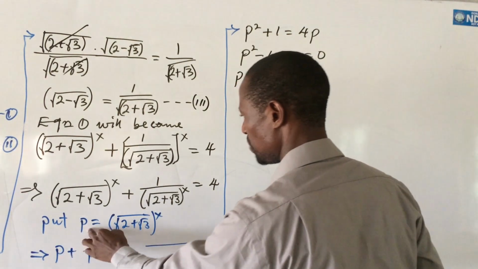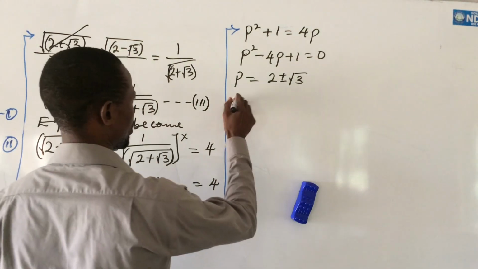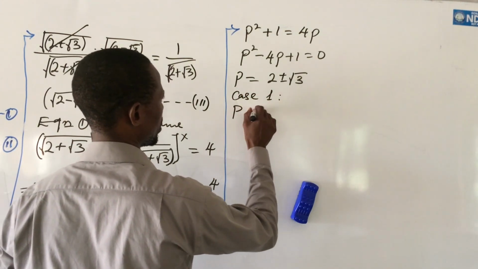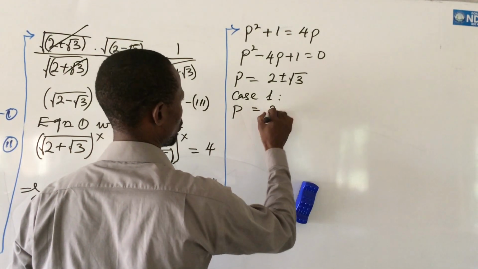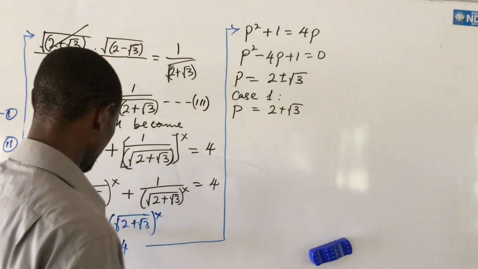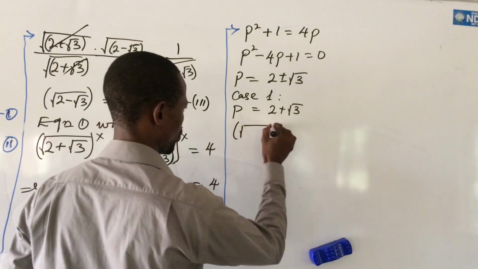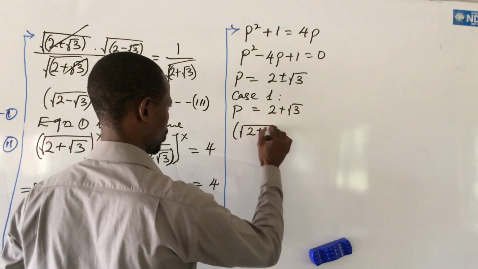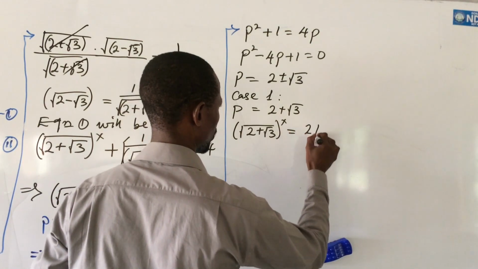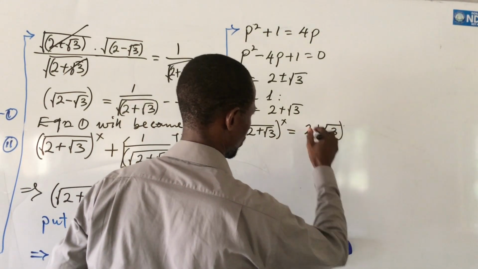Recall we said let p is equal to x. So we'll take case 1. The first case, which is case 1, we have when p is equal to 2 plus root 3. So we bring in the value of p here, which is bracket the square root of 2 plus root 3, all to the power of x equal to 2 plus root 3, close bracket.